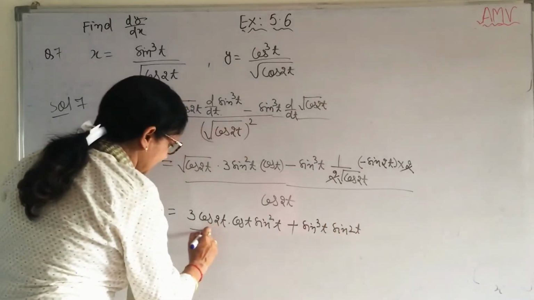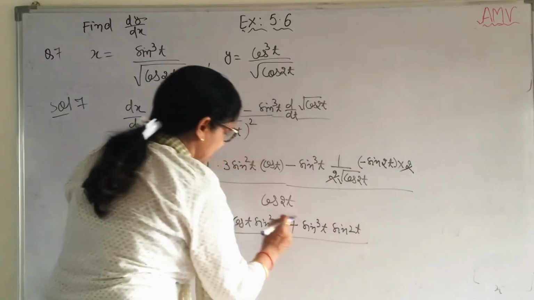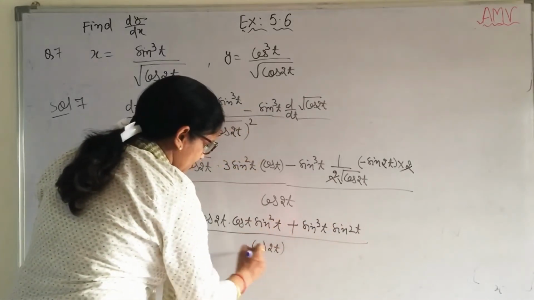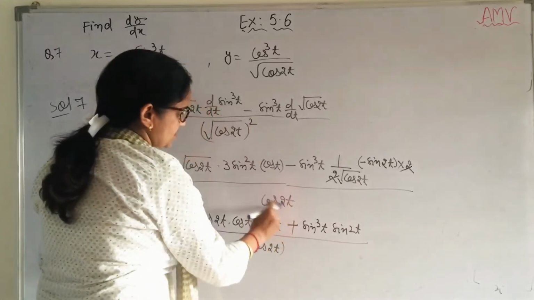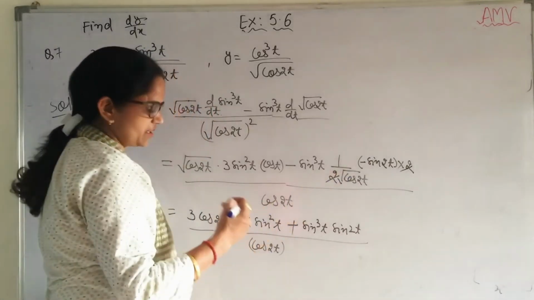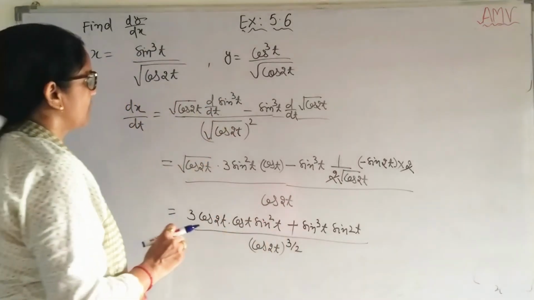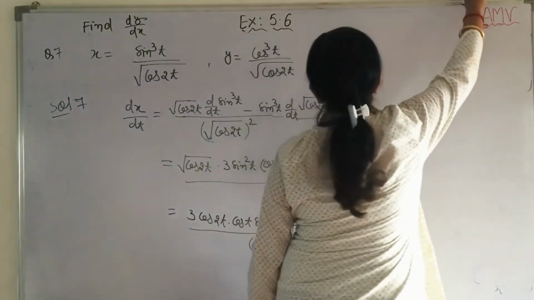Okay, and in the denominator it is cos 2t power 1 and here it is 1 by 2, so it is 3 by 2. Okay, now find dy by dt.